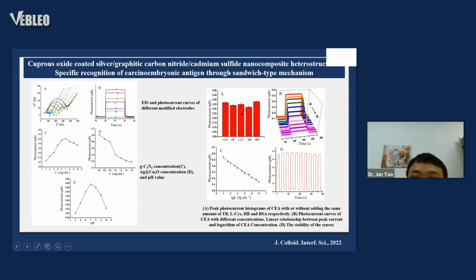This is the photocurrent signal with the increasing concentration of CEA.